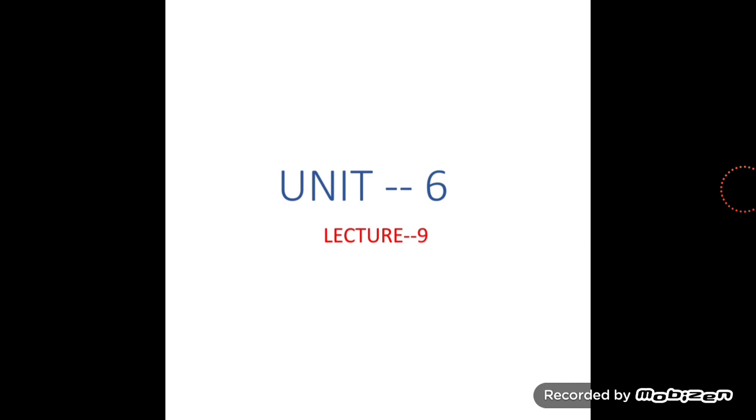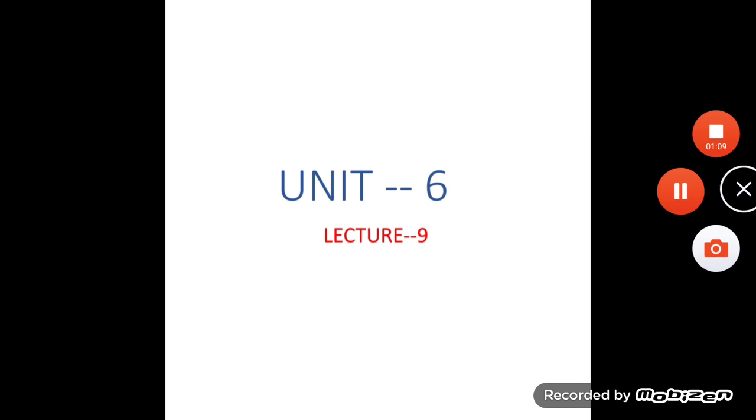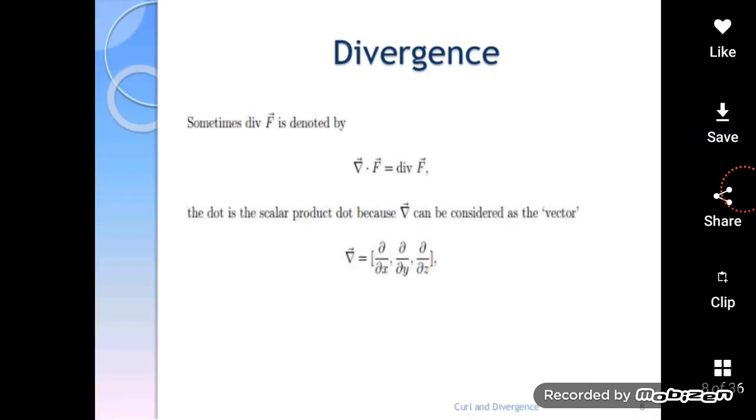So let us recapitulate the things that I was telling you at the start of this unit series. As in the last classes we had already discussed, divergence of f is denoted by del dot f. The dot is the scalar product, because del can be considered as a vector.